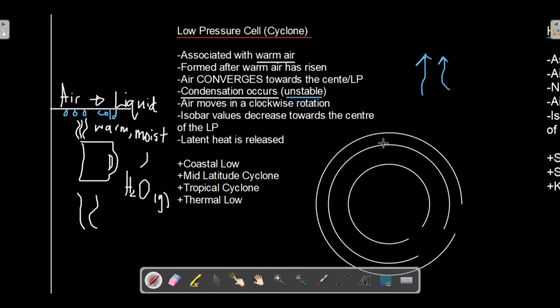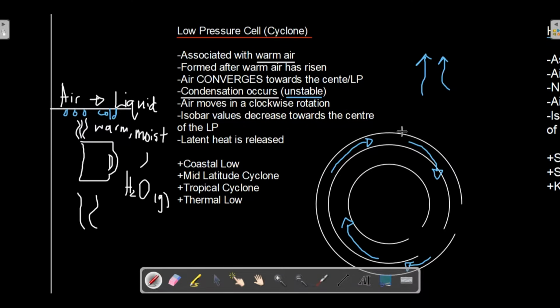And you see this, of course, if you are looking at this from the top. You have to look at this circulation from the top, and you would see that air is indeed moving in a clockwise direction. It's like a clock, how of course a clock works. Okay, and then these are isobars, by the way.